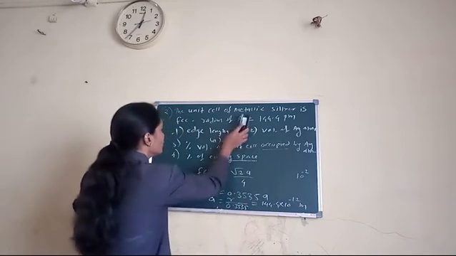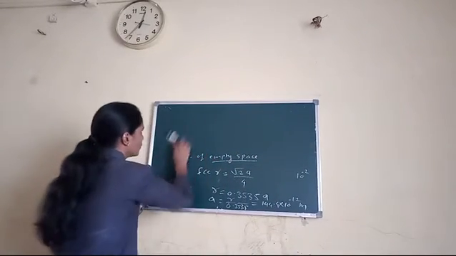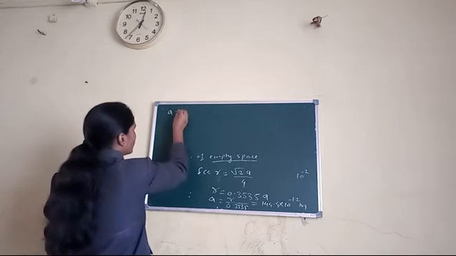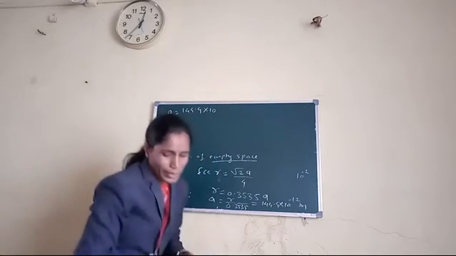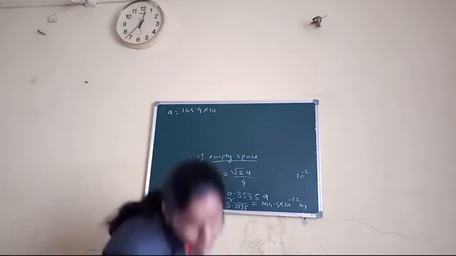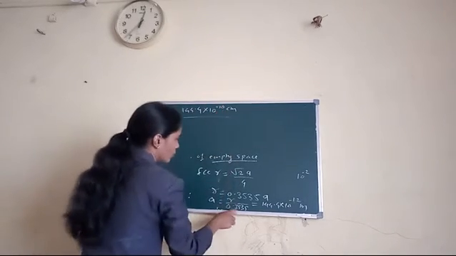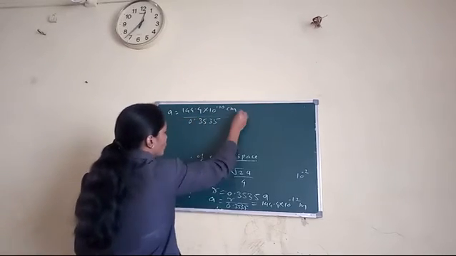To solve, the next step, a is equal to r, 144.4 into 10 raised to minus 8 minus 10 centimeter upon 0.3535.